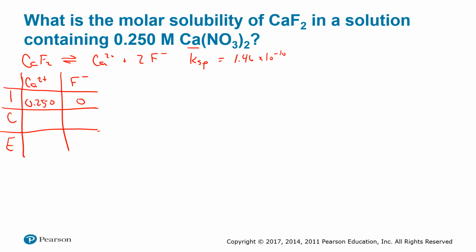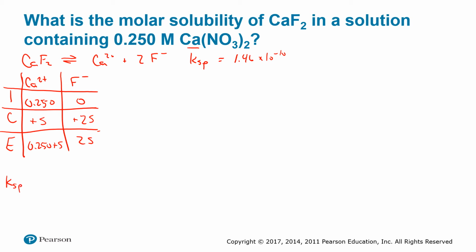After the change, this is going to go up by S, and this is going to go up by 2S. And so the calcium will be 0.250 plus S, and the fluoride will be 2S.